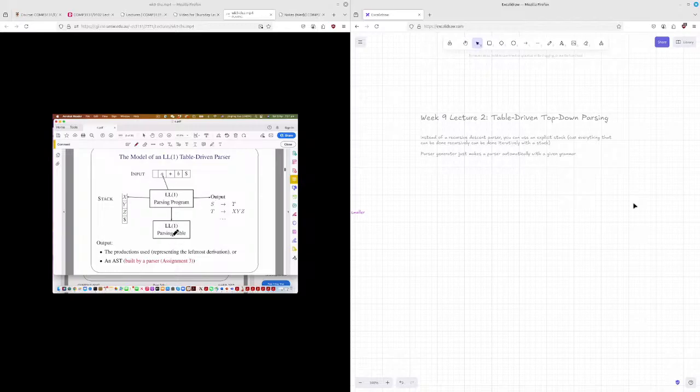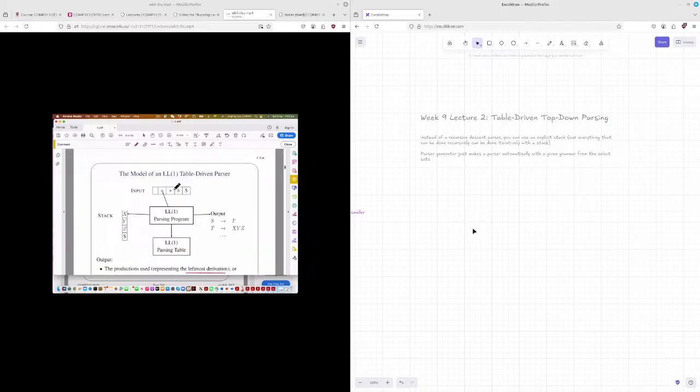Here at the bottom, you see the select sets represented by a parsing table. What this parser will do is produce the sequence of leftmost derivations discovered, and also build a parse tree at the same time. Essentially, you look at the sequence of productions used, and you will realize that sequence actually represents the leftmost derivation.